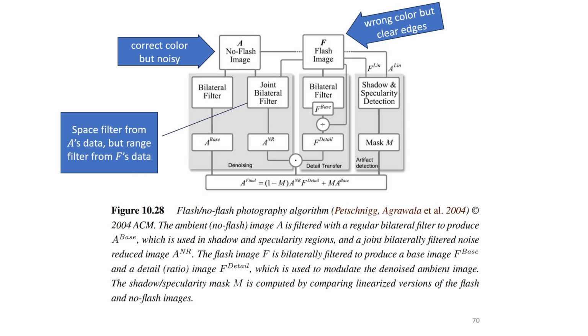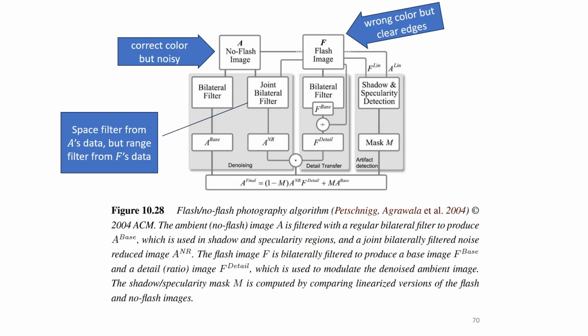This joint bilateral filter, so we have two domains, right? The space domain and the range domain. The joint bilateral filter means it applies the noisy data to the space domain, but applies the flash camera image to the range domain.